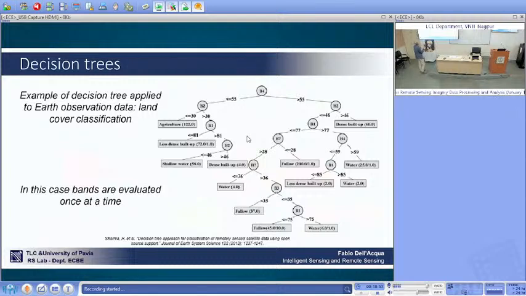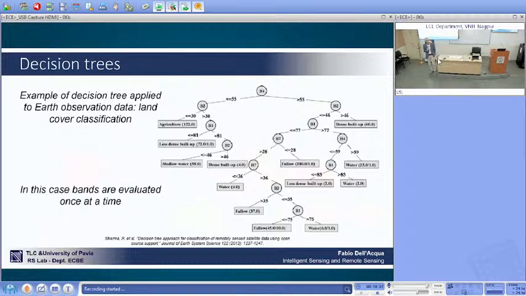B2 can be any, but in this case, we have agriculture. B4 is red. What is the behavior of vegetation in band red? Yes, it absorbs, right. Chlorophyll. Band 4 reacts weakly because the chlorophyll in green vegetation sucks all, not all, but almost all the incident radiation.